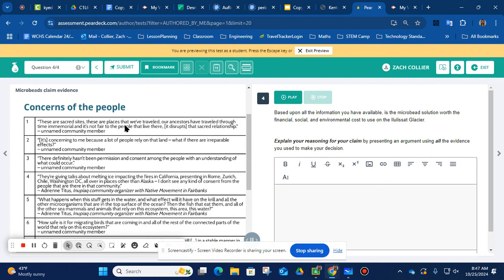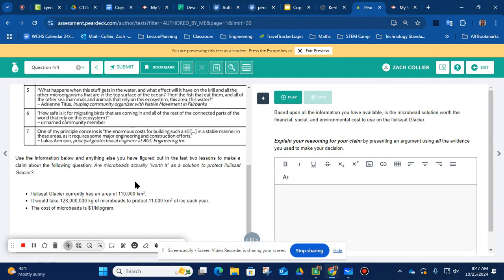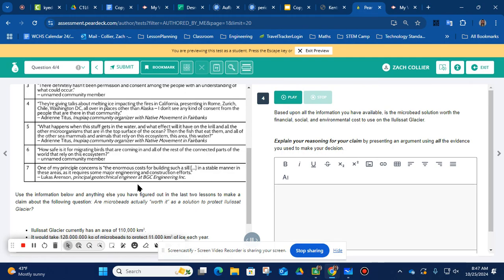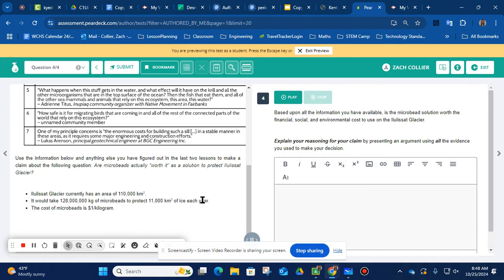Some of these are more of a social concern, like the fact that people consider this land to be sacred land, like the natives who live there consider the glacier a sacred site. So that's more of a social concern. There might be some human health and safety concerns as well.